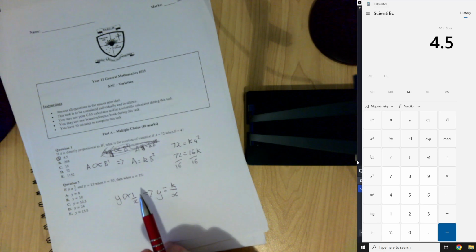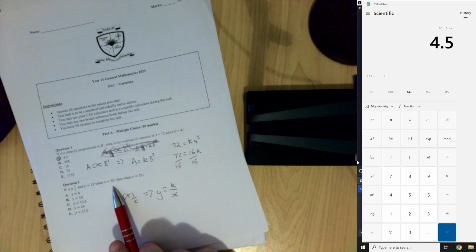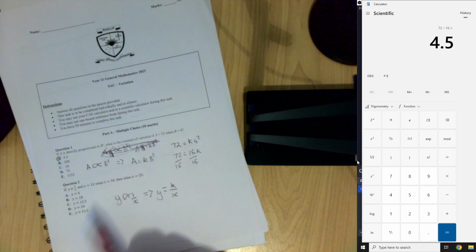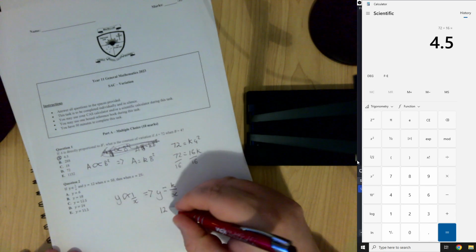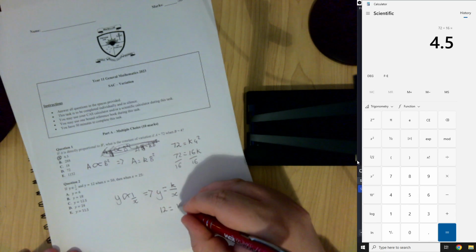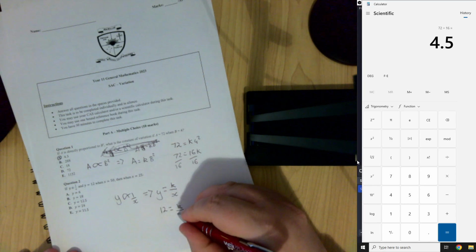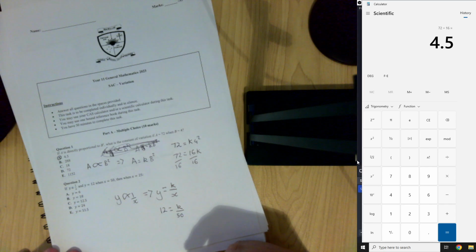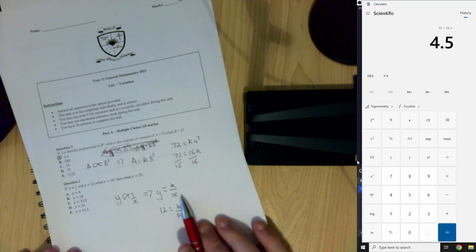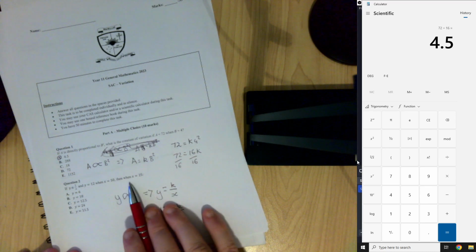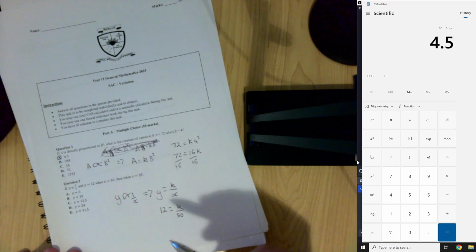So if we know that x is equal to 50 when y is equal to 12, that means 12 equals something over 50. So this will help us find k, and then we can use that to find out when x equals 25 what our solution is.